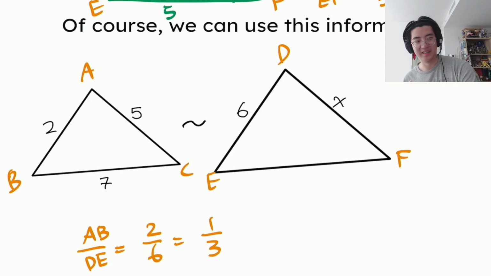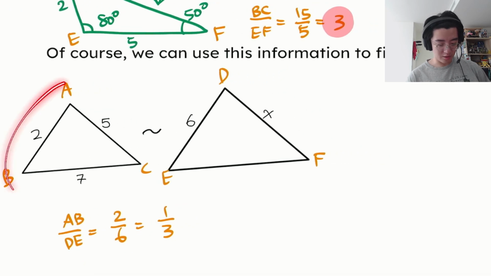Okay, so very important here. Remember with scales, it's the image divided by the actual. But with similar triangles, it actually doesn't really matter which one's the image, which one's the actual, as long as we keep the same order. So in this case, we're doing triangle 1, AB, over triangle 2, DE.